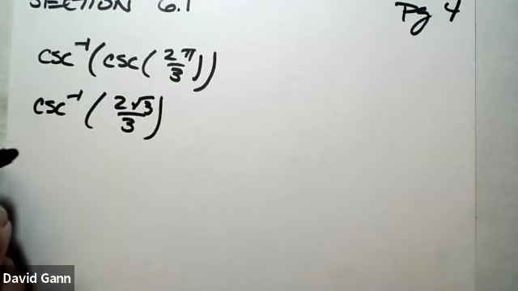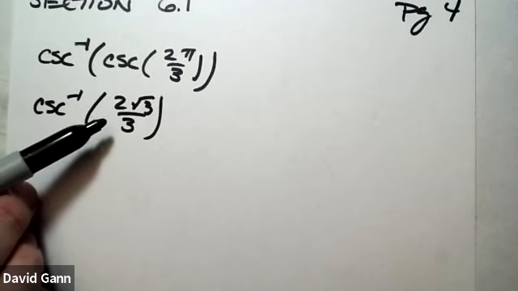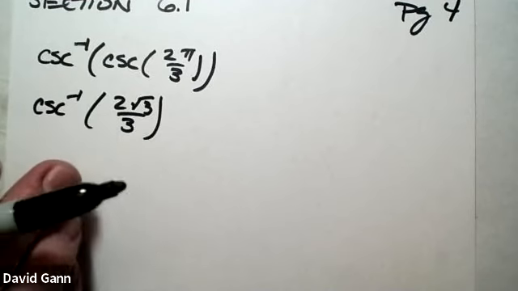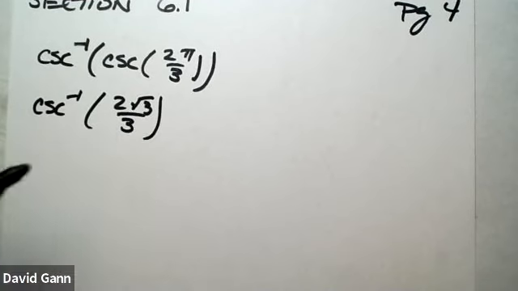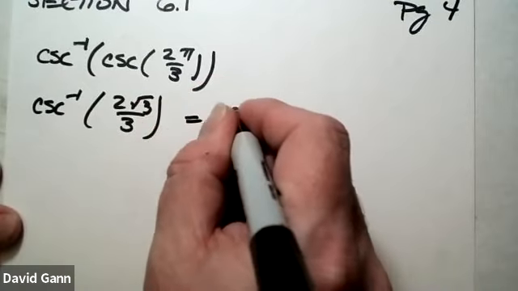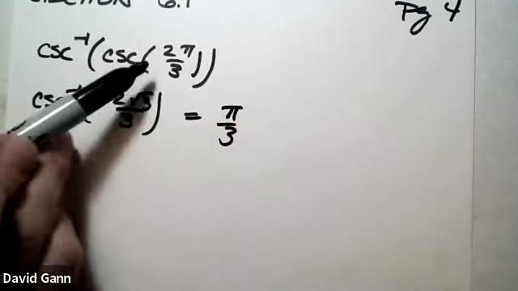In fact, no quadrant angles are available. Because this is positive, and cosecant is positive in quadrant 1, the inverse cosecant of a positive quantity has to be an angle in quadrant 1, which turns out to be pi over 3. Now notice, these are different.